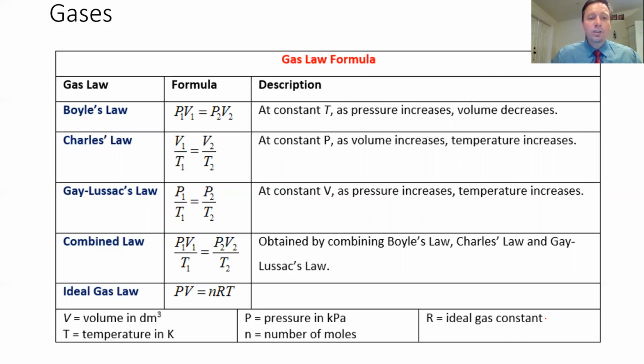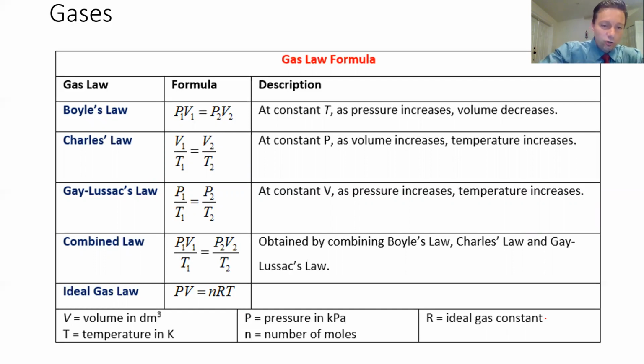So remember a couple key points here. Your volumes can be in liters, it can be in centimeters cubed. Your pressure can be in atmospheres, it can be in kilopascals, it could be in torr. Your temperature must be in Kelvin. Please don't forget that. That's really important.